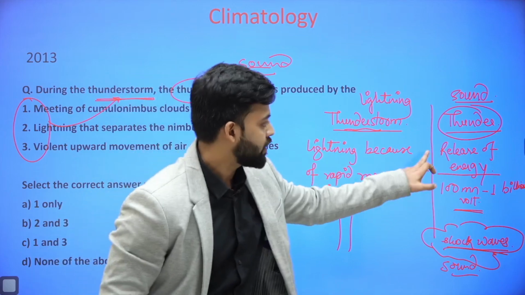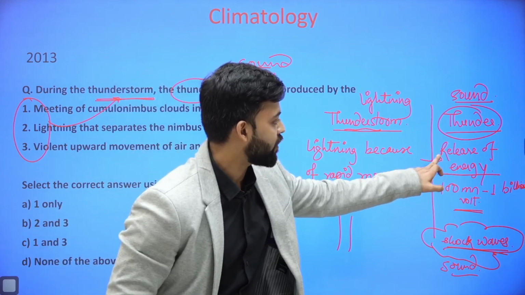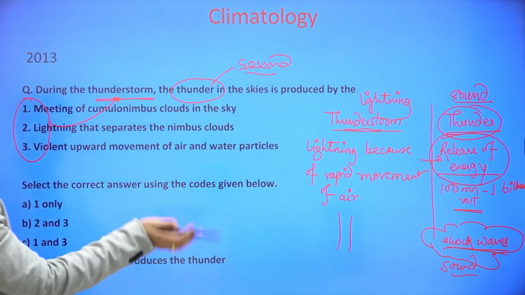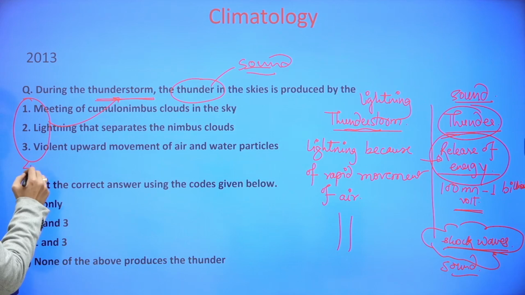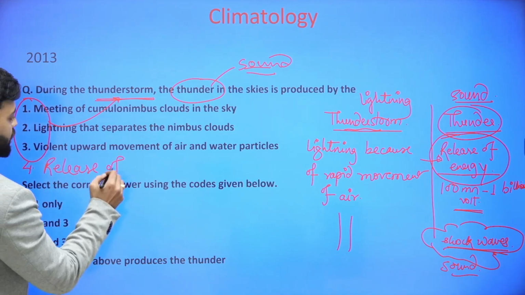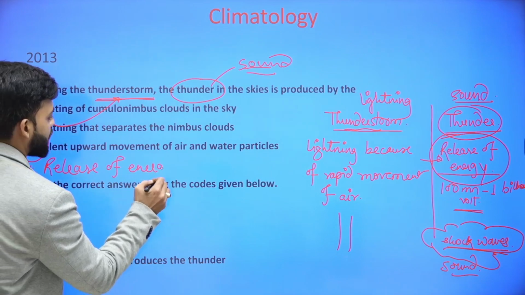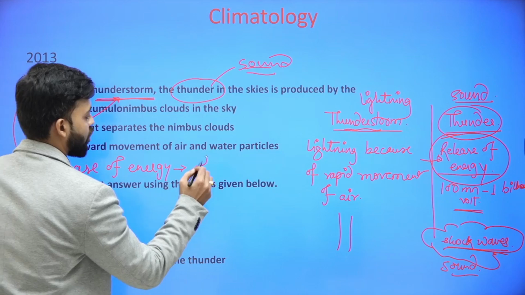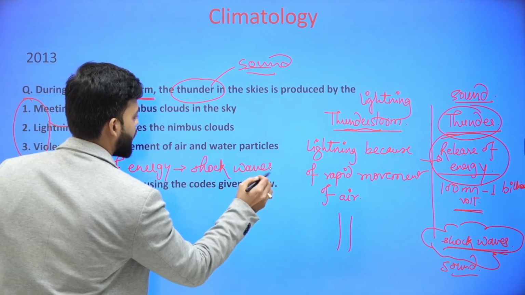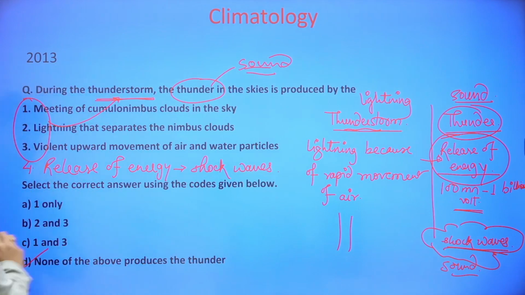What explains the cause of thunder is release of energy during thunderstorm. So had there been a statement called release of energy, and hence shock waves, it would have been correct. Since it is not there, D is the correct answer.